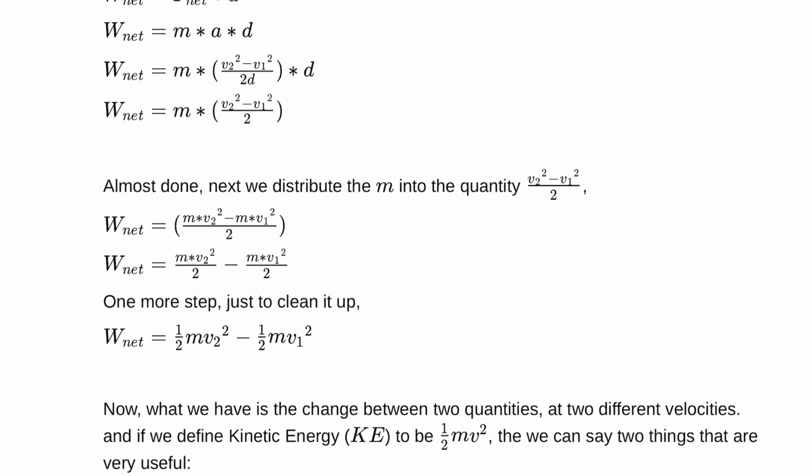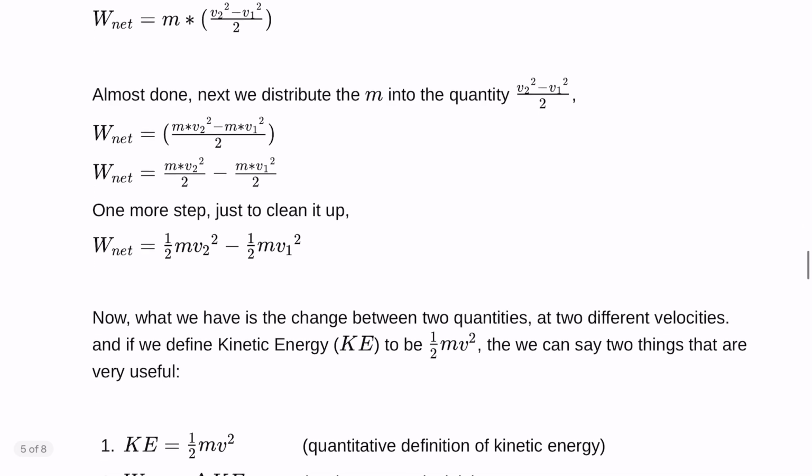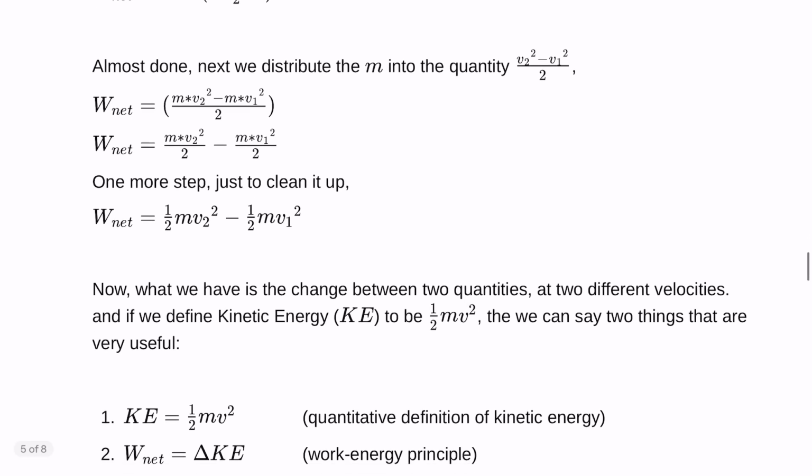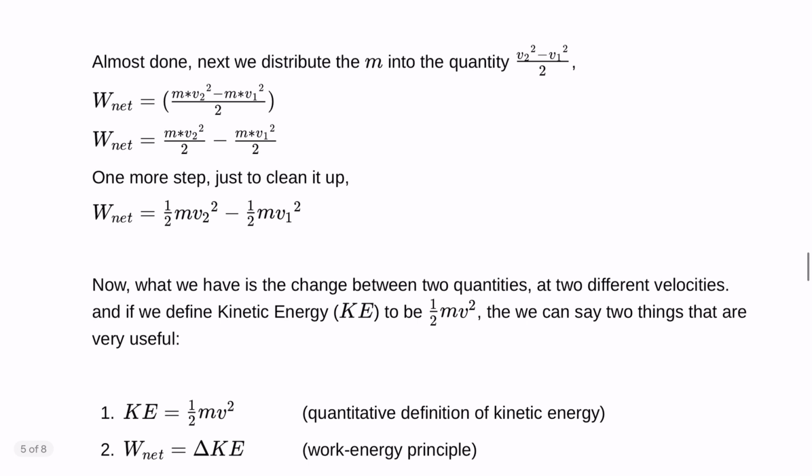First off, kinetic energy is equal to 1/2 mv squared, because we just decided to define it that way because it's helpful to us. So this is the quantitative definition of kinetic energy. And then, if that's true, this is just the change between two different kinetic energies at two different velocities. So we can say that our net work is just equal to whatever the change in our kinetic energy is.